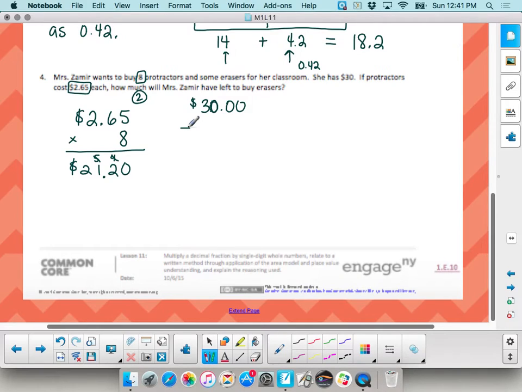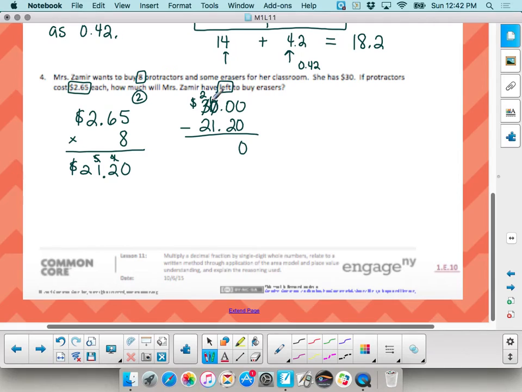To find out how much she will have left, I'm going to subtract $21.20 from $30. You can't subtract, so you have to go all the way over to the 3 to find enough to borrow.